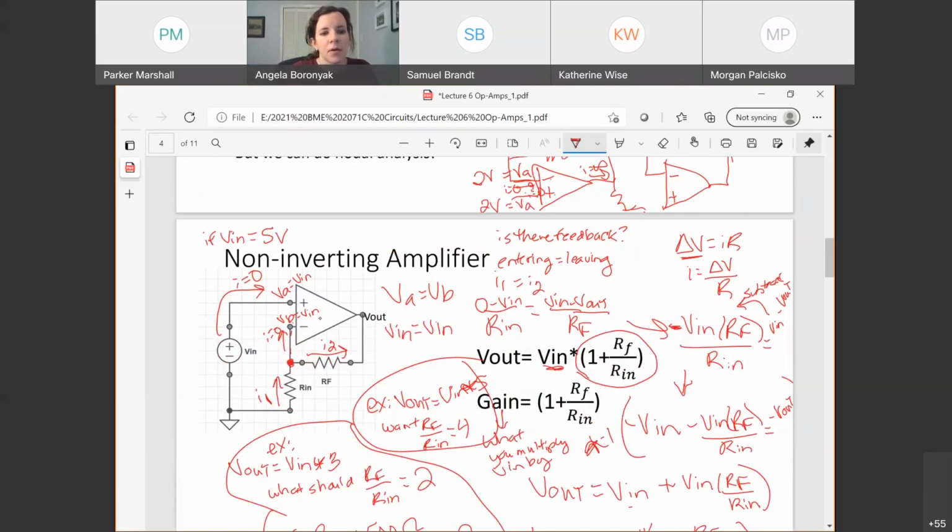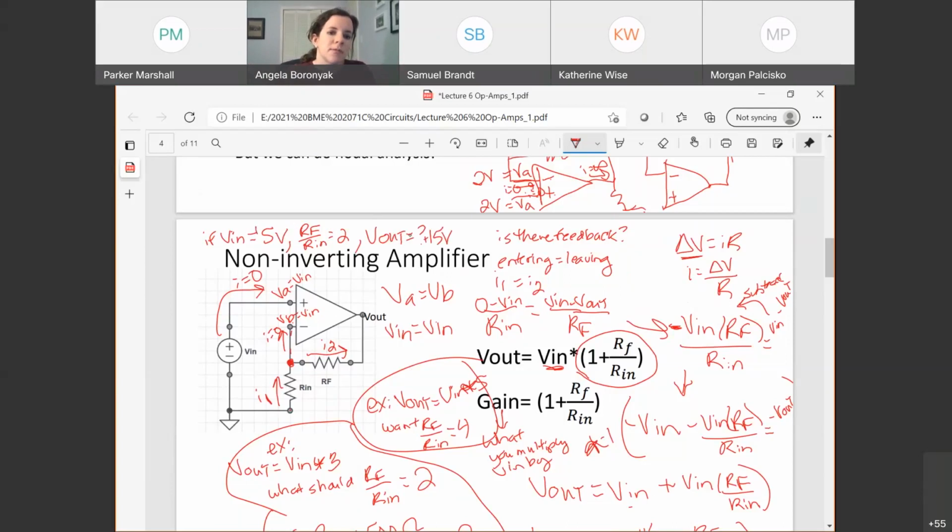And I make RF over RN equal to 2, as we said down here, that it means he multiplies by 3. What do I get for V out? Yeah, 15, right? I take RF over RN, I add 1, that's 3. 3 times Vn, so 3 times 5 is 15. He's positive 15 volts, right?